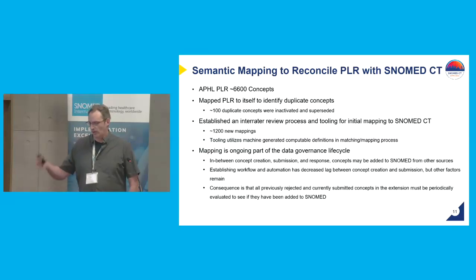As I mentioned, the first step in the reconciliation was to map it to itself, and we found roughly 100 duplicate concepts just within the code system when the first review was done. Then there was a big effort to take all of PLR and map it to current SNOMED. And that identified 1,200 concepts that were PLR standalone concepts that were present in SNOMED.